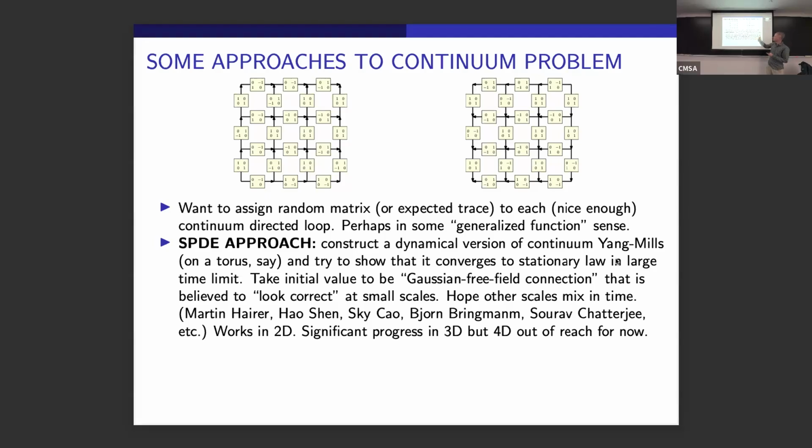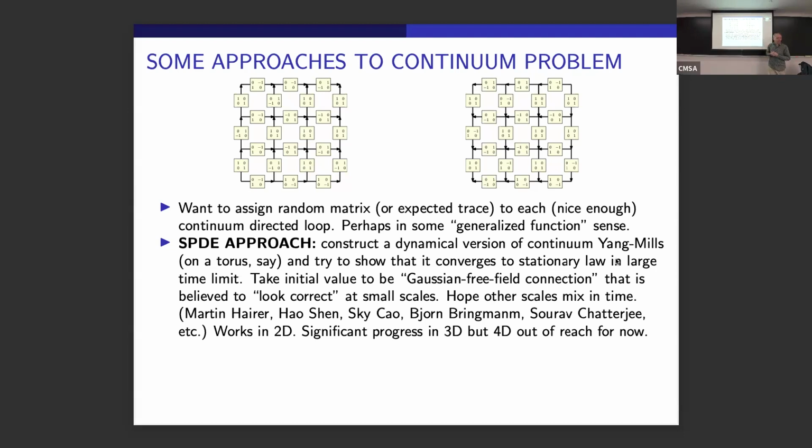Somehow in each coordinate direction, you have an independent Gaussian free field, taking values in some Lie algebra, say. So this is a Gaussian connection that is supposed to be the correct model at small scales. And then you hope that if you can construct this dynamic process, the other scales will mix in time.